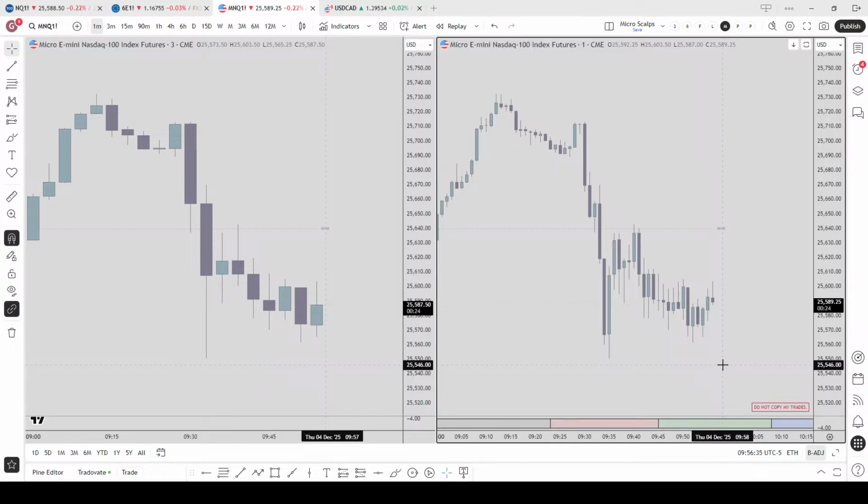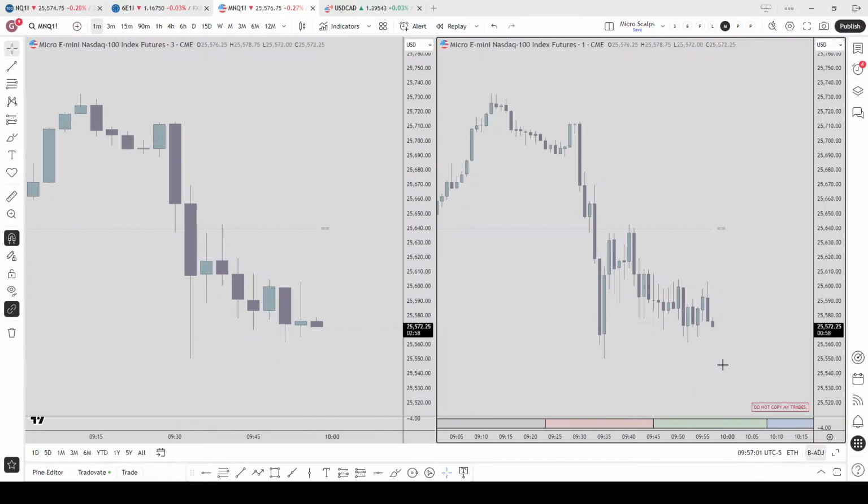I have the other chart set as E-mini, so I can watch it from there. I'll be utilizing the values on E-mini rather than the micros. Okay, seems like we're not getting the close just yet.